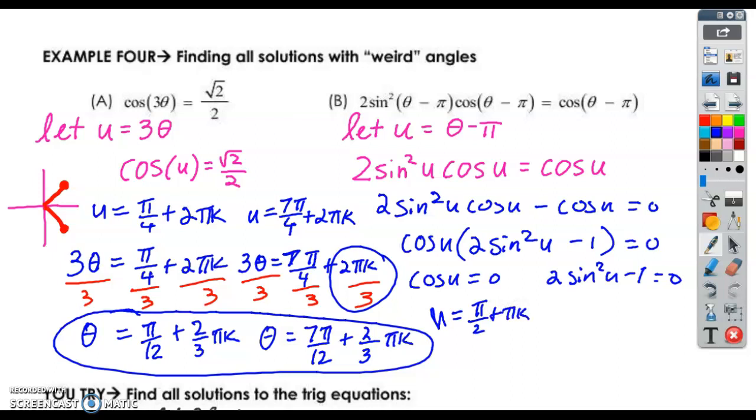Now this one is 2 sine squared u minus 1 equals 0. Sine of u equals plus or minus root 2 over 2, if you solve that. And then we substitute back in our theta minus pi, and we add pi.